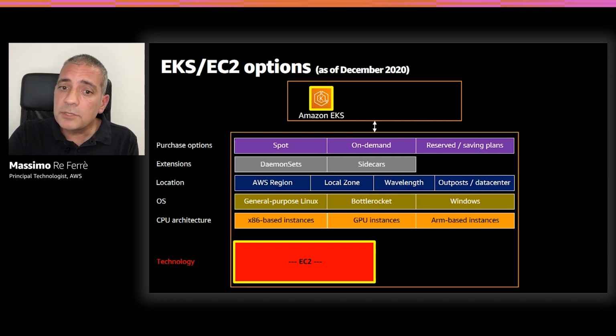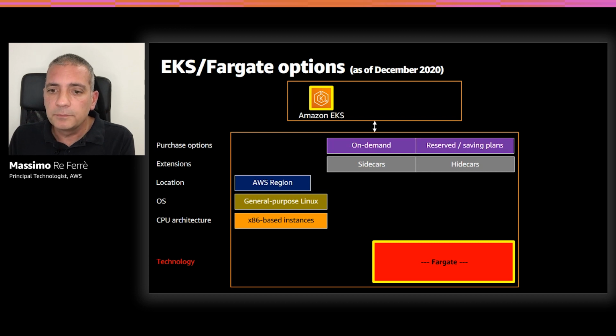If you use Amazon EKS with Fargate, obviously you get access to sidecars, so you're giving us more stuff to work on, but many of these other options are not available as of today when you use Fargate. For example, if you want to use ARM as a CPU architecture, that's not yet available on Fargate. There are lots of customers that are asking us to support that with Fargate, but as of today, it's not available, like many other things.